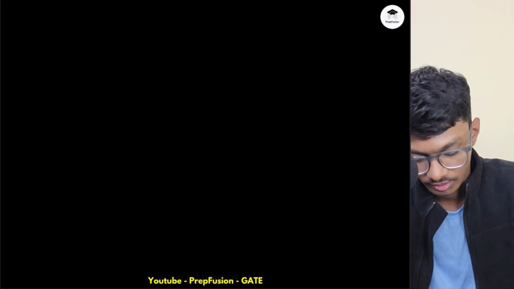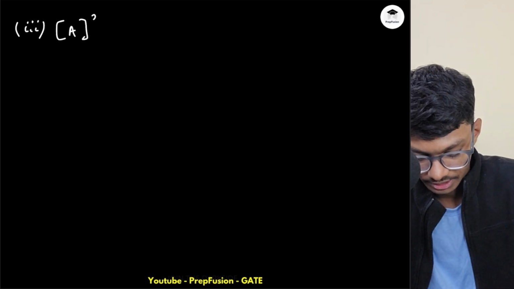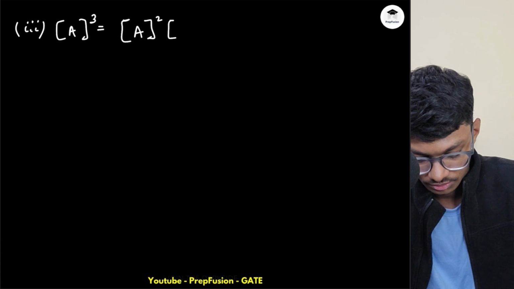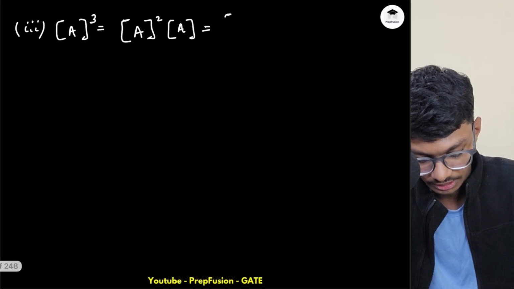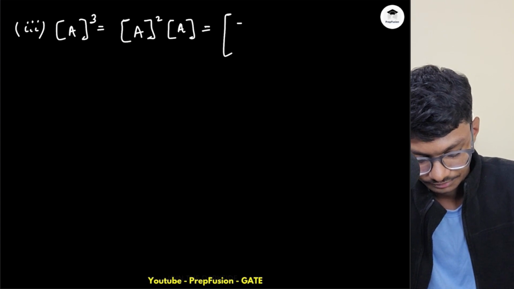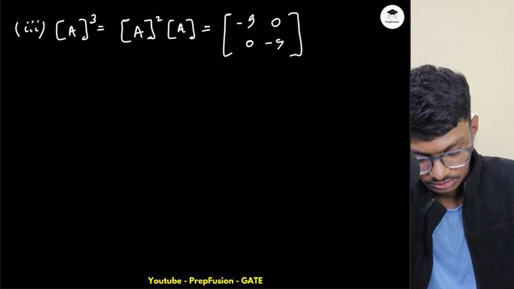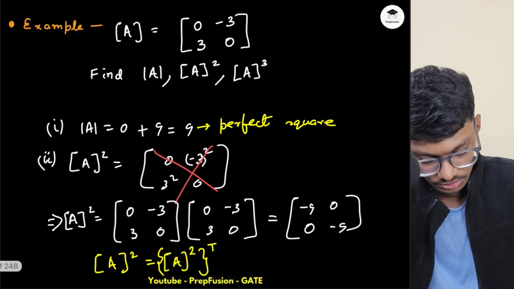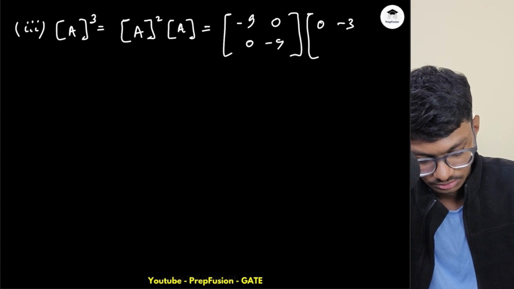If I take the odd power, what will happen? I will do A cube, which equals A square into A. What is A square? A square is minus 9, 0, 0, minus 9, and this multiplies the matrix 0, minus 3, 3, 0.